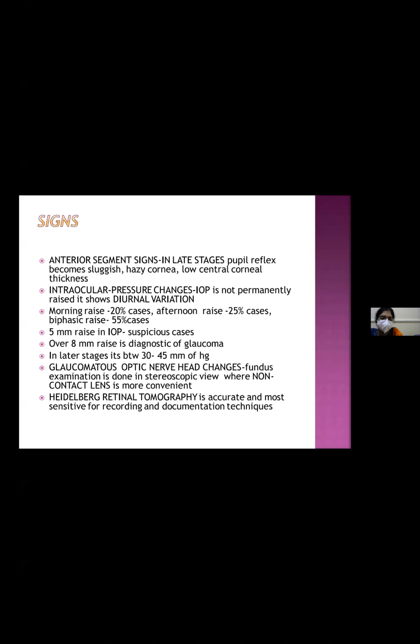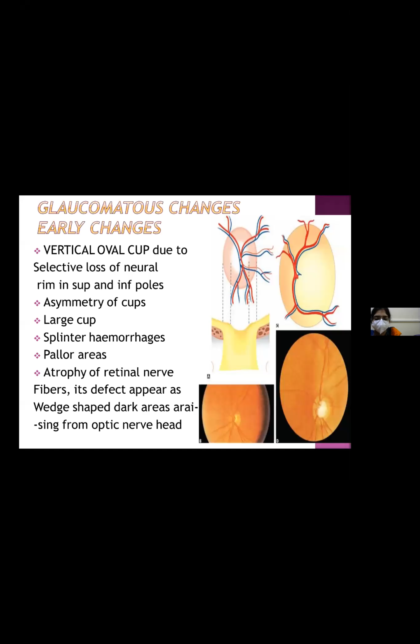Glaucomatous optic nerve head changes are seen in fundus examination done in stereoscopic view. Contact and non-contact lenses are used, but non-contact lenses are more convenient. Next, Heidelberg retinal tomography is the most accurate and sensitive for recording and documentation.